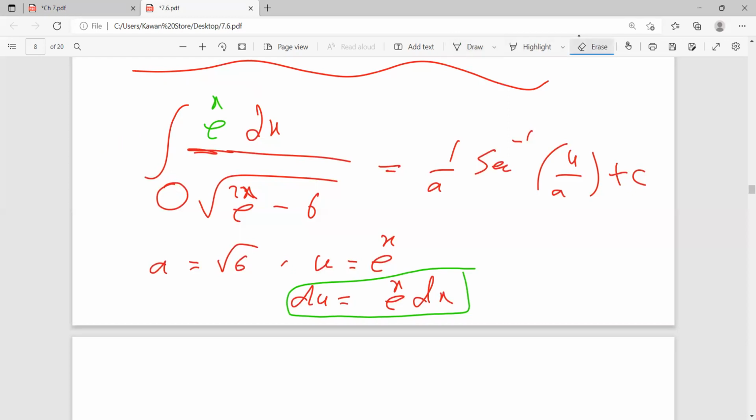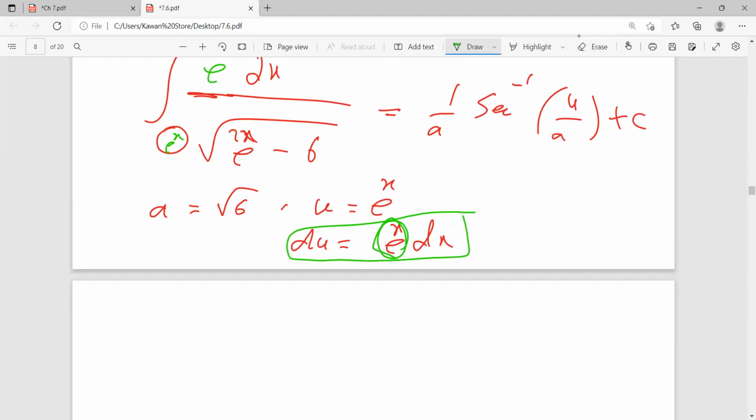That's why I cannot add e to the power x outside, but it's okay to add inside, because they cancel and I get the same. So we fill the gap, and now I have a complete thing.